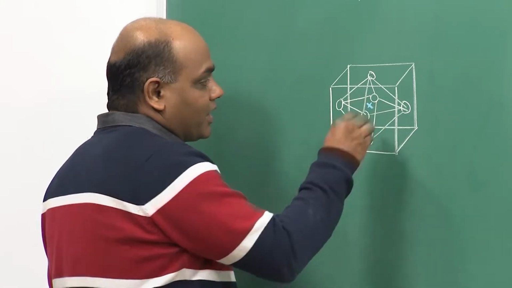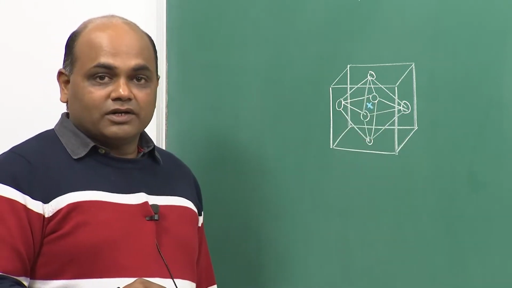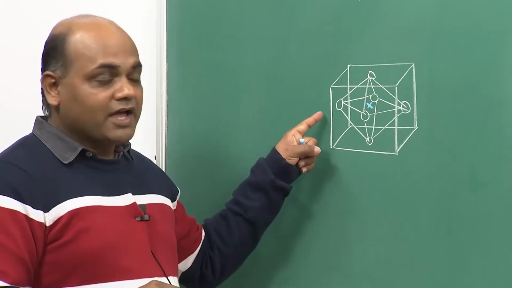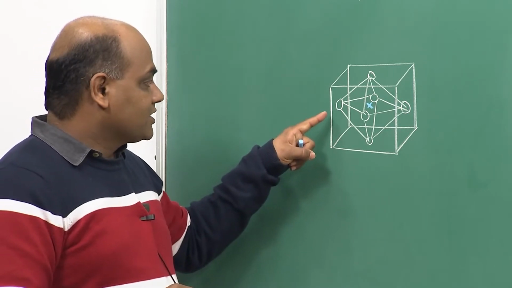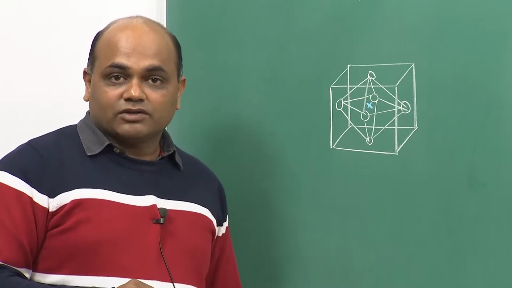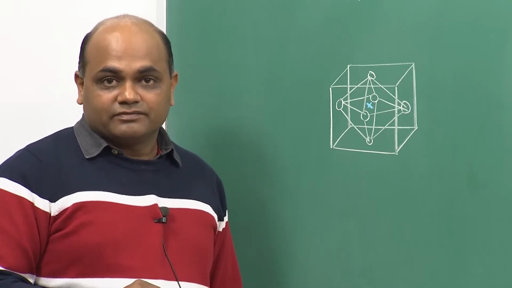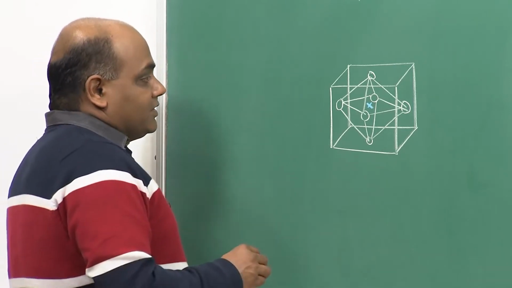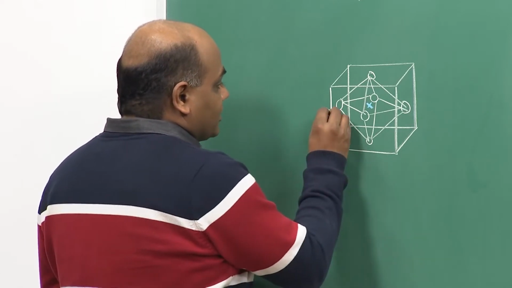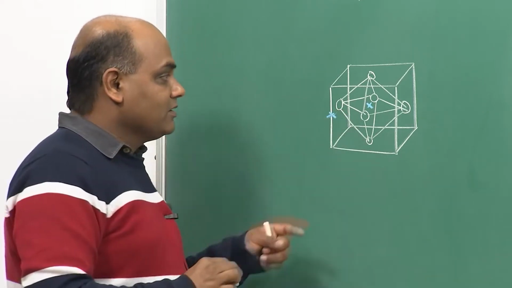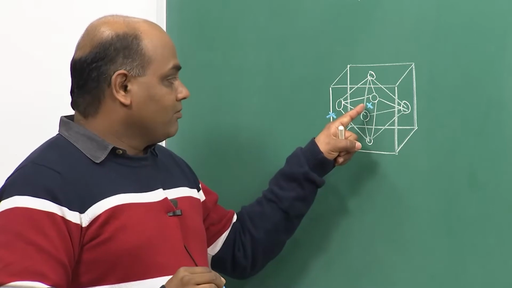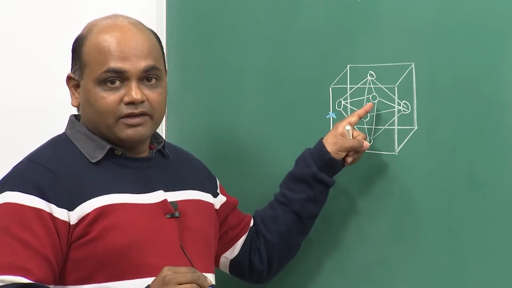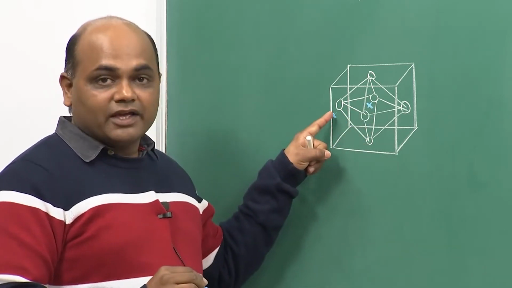Similarly, you can show that other octahedral sites lie at the centers of the edges of this FCC unit cell. So, the octahedral sites in FCC are one at the body center position and others at the edge centers.